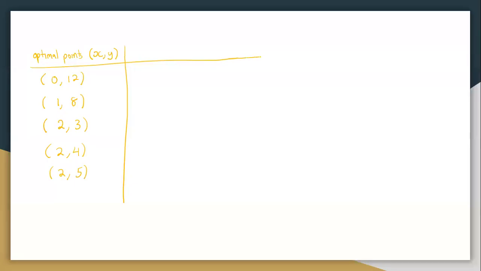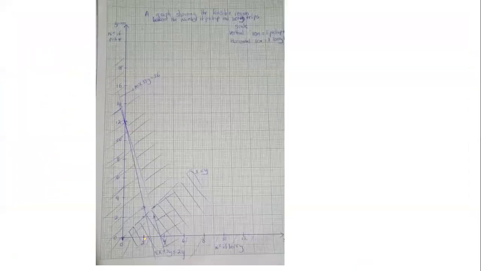Members also saw 3 and 6. But let me confirm 3 and 6 from my graph here. Is 3 and 6 on the graph? It seems 3 and 6 is out.